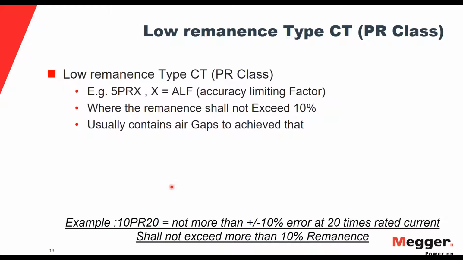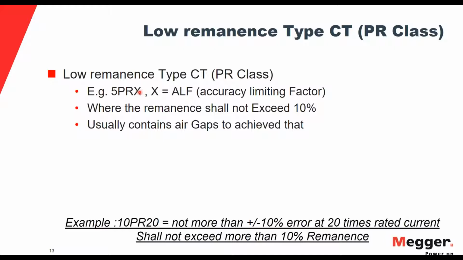The next classification category we have is the BR classes. It's similar to the B classes, just that the R represents low remanence, meaning that when this CT gets saturated or reaches its saturation value and we turn it off, the magnetic remanence when the core gets magnetized should not exceed 10% in the CT. And usually they use some air gaps to achieve that in these CTs.